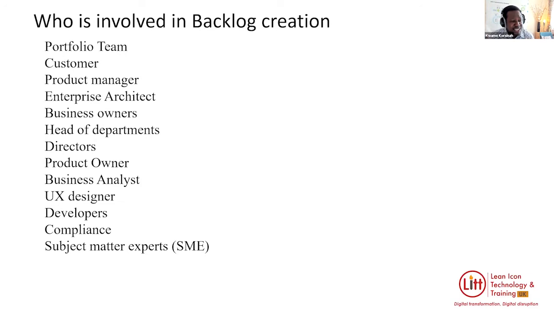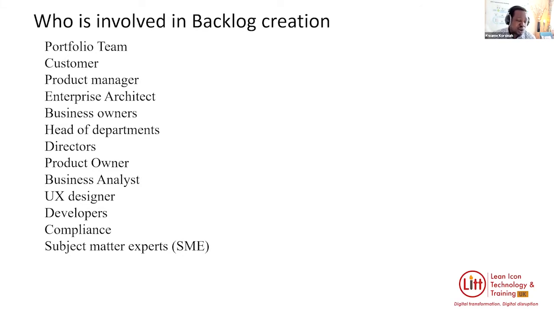At a very strategic level, which we will look at today, you get heads of department, directors, business owners inputting into the backlog to help us refine the backlog. So different stages for different inputs. And at team level, you get the business analyst, the UX designer, developers, subject matter experts, all inputting in creating a product backlog. All the stakeholders have to be managed effectively.